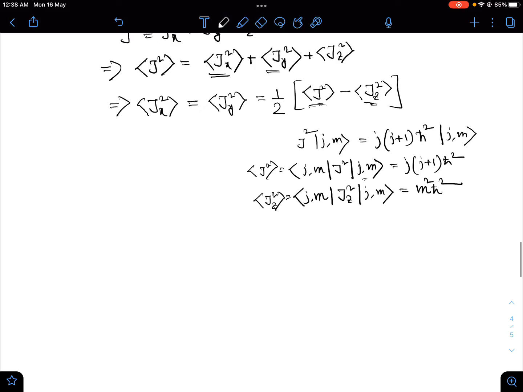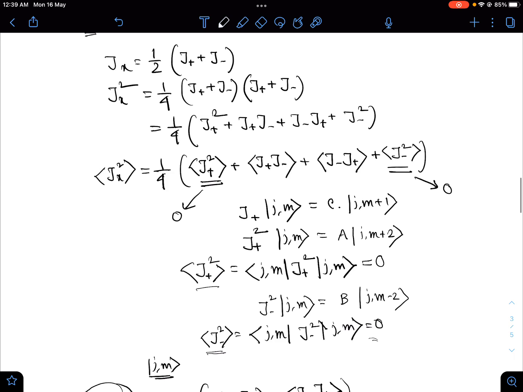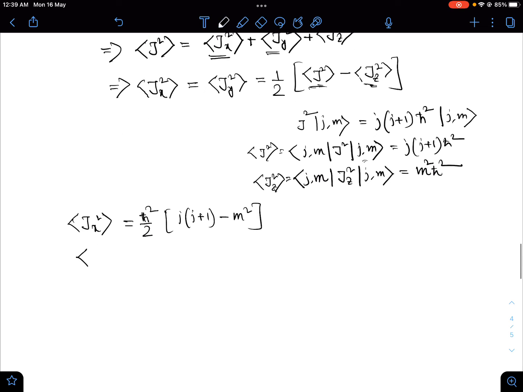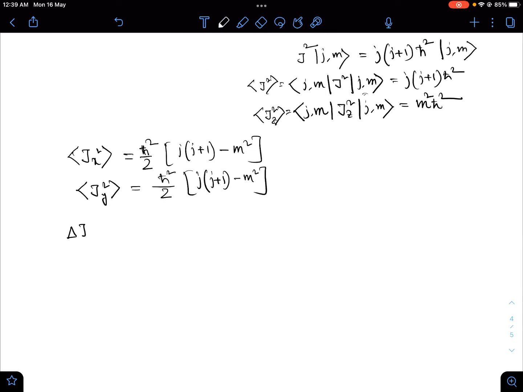So let us put this. So what we have to calculate? We have to calculate the Jx squared expectation value. So this comes out to be half. Let us take h cut squared common, and we have j into (j plus 1) minus m squared. Similarly, we have the Jy squared expectation value to be h cut squared by 2 into j into (j plus 1) minus m squared. So what will be the uncertainty in Jx?